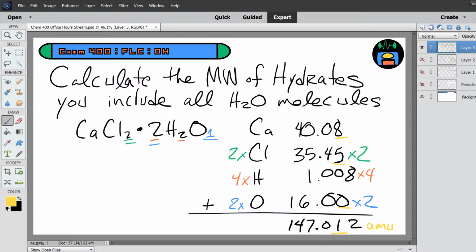Okay, Eric, you have a question. For the lab worksheet, should the calculated mass in grams of sodium chloride be the same for both aliquots A and B? Eric, that is a great question, and the answer is yes.